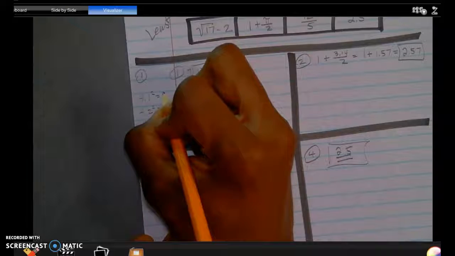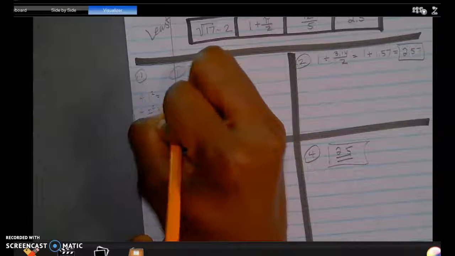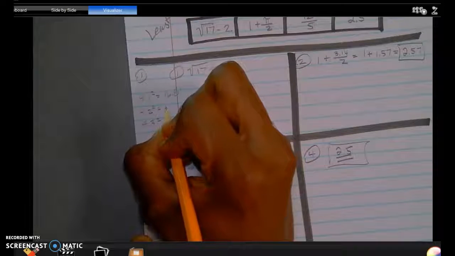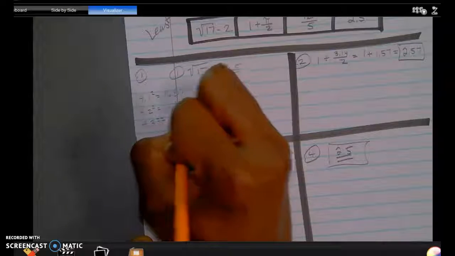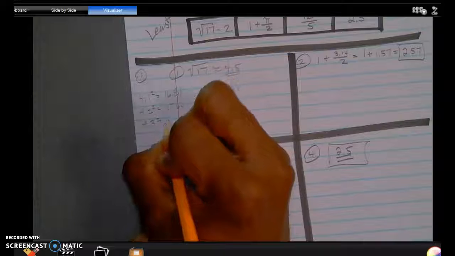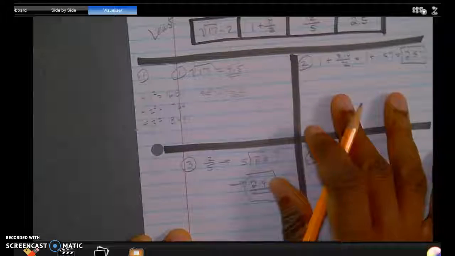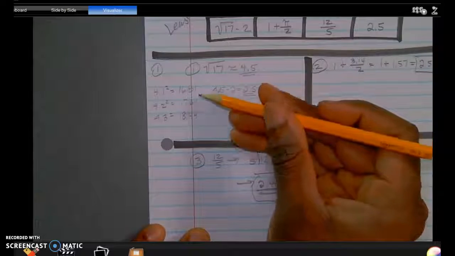So 4.1 squared is going to be 16.81. 4.2 squared is going to be 17.64. And then 4.3 squared is going to be 18.49, okay?